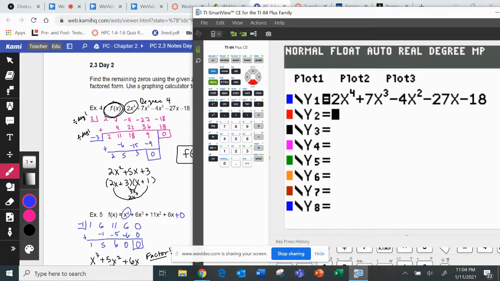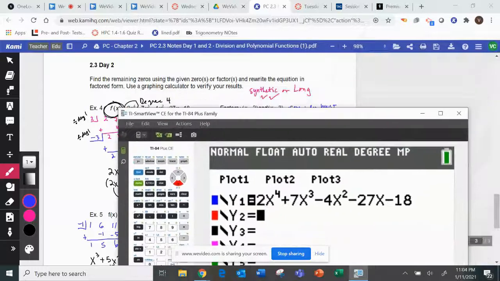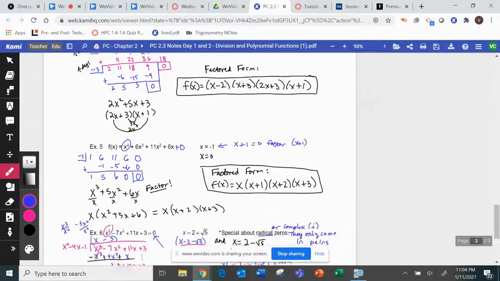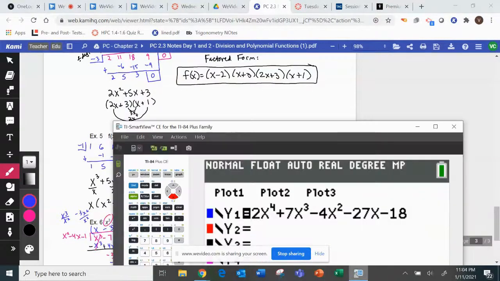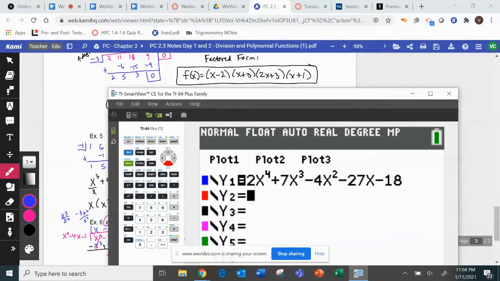I'm going to go down and I'm going to put the factored form as my second equation. Oh my gosh, I forgot.